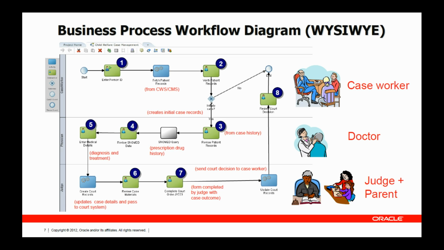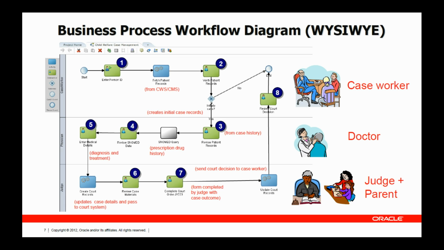The judge can then see in their BPM dashboard the action item to review the case materials. They can go in, log in, do that. They then have an additional form where they complete the court order JV223 form by either approving or disapproving or approving with comment on the actual case.